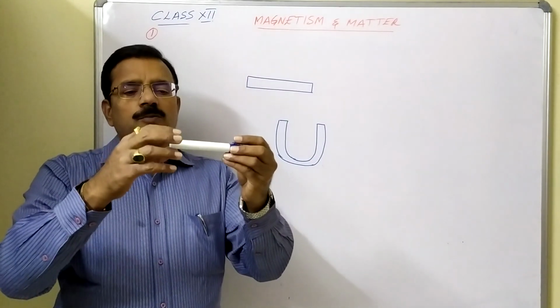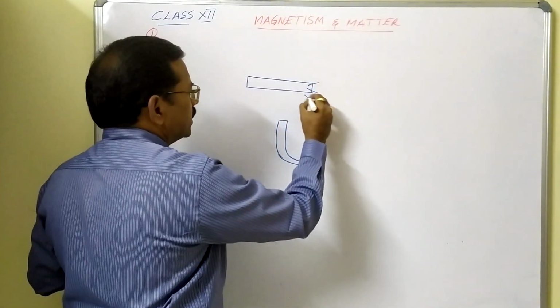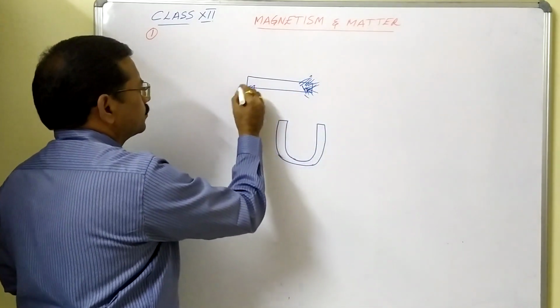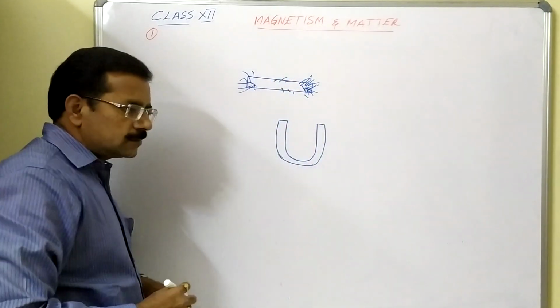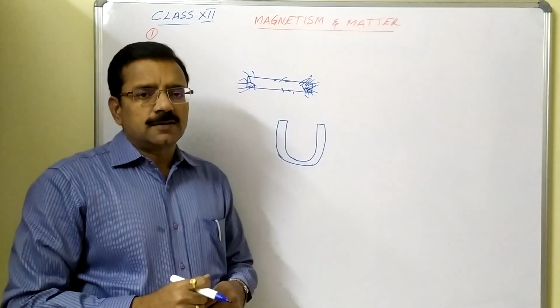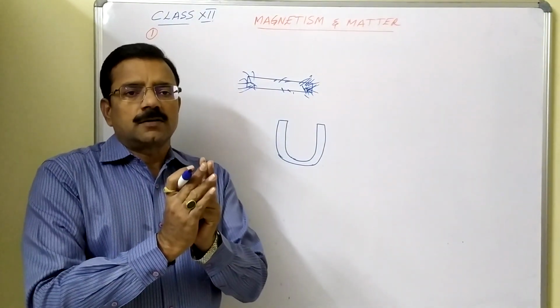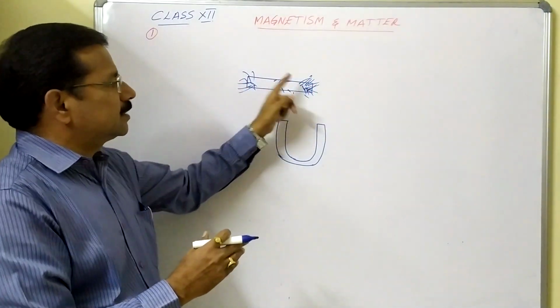You notice most of the iron filings cling at the ends rather than in the mid portion. This shows that the ability to attract ferromagnetic materials is mostly concentrated at the ends rather than at the mid portion.